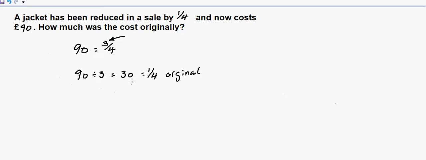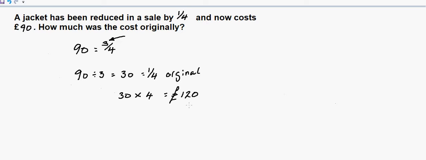So if 30 equals 1/4 of the original price, and I know there's 4 quarters in one, then 30 multiplied by 4 gives me £120. So the original cost was £120.